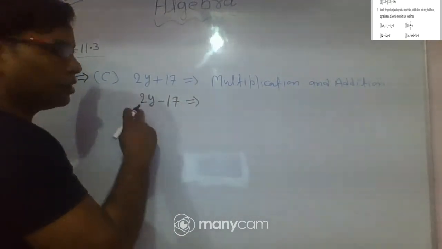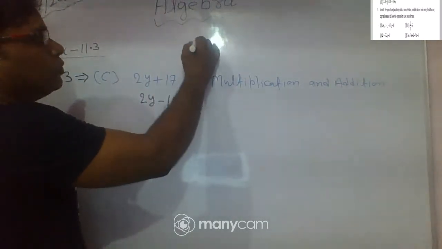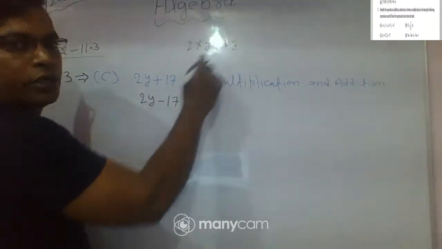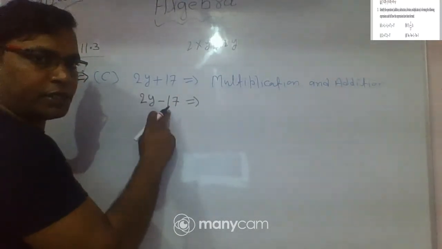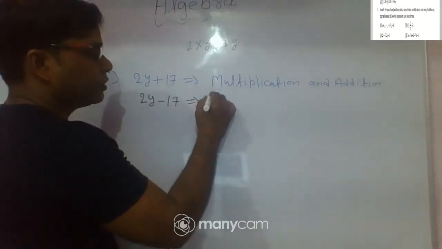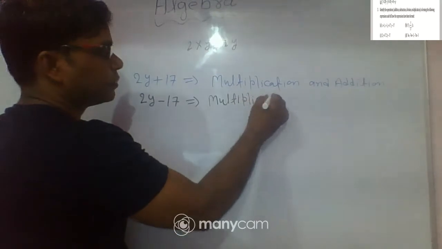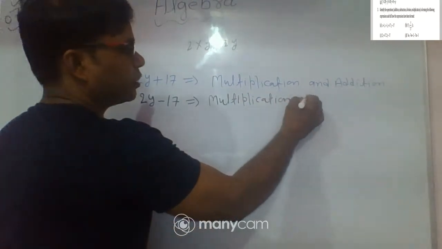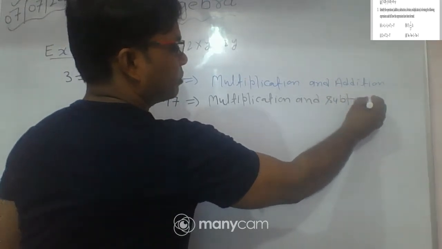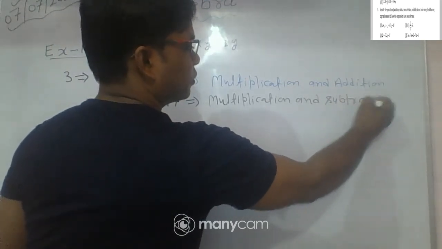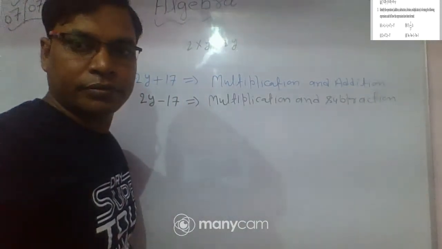Here you can see 2y means 2 into y. You can write 2 into y is equal to 2y. Okay. So here multiplication and then subtraction. Multiplication and subtraction. Clear? This is clear.